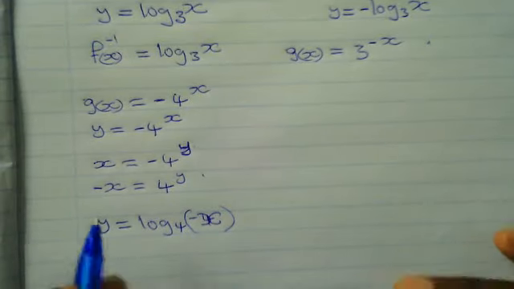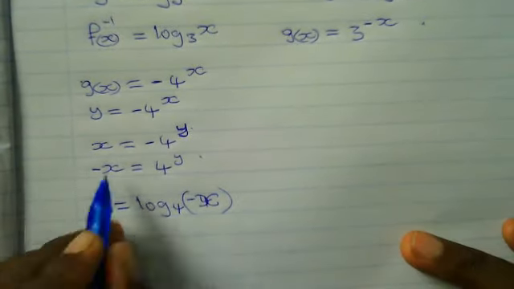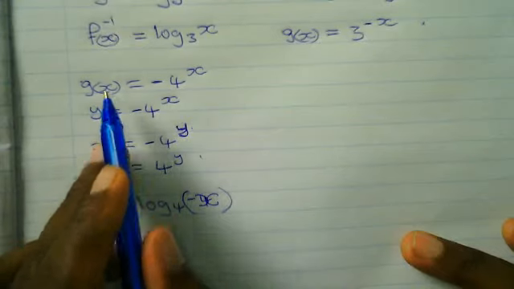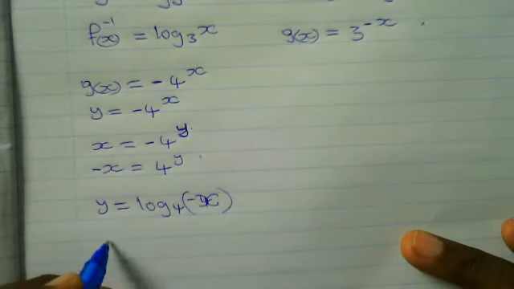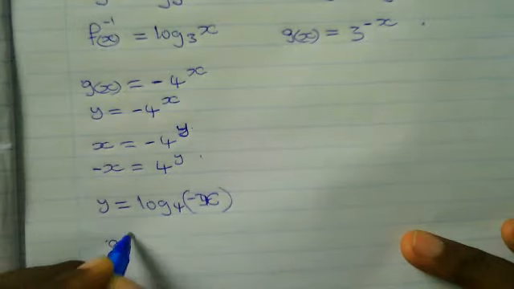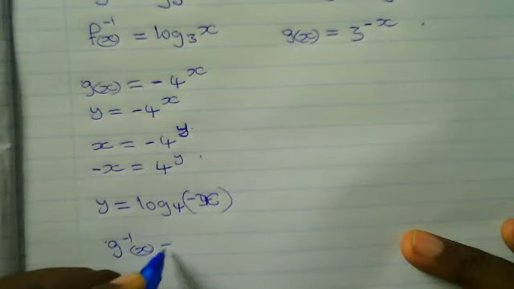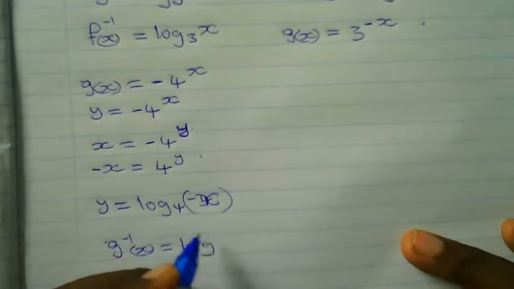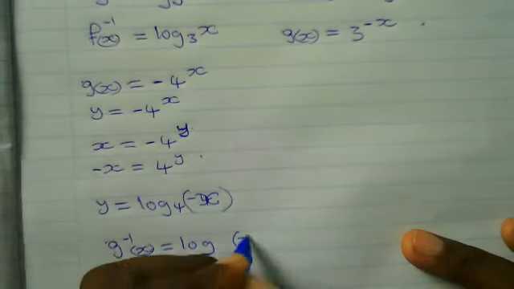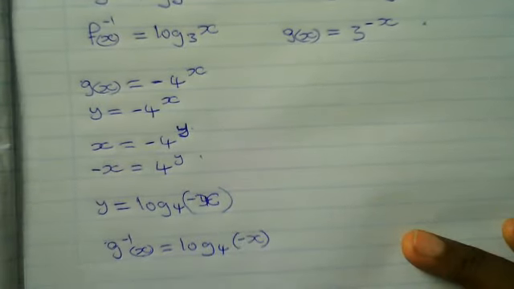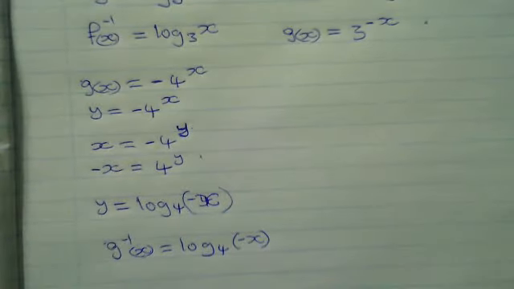So this is how we write it. So our inverse of g of x will be equal to log of negative x in base 4.